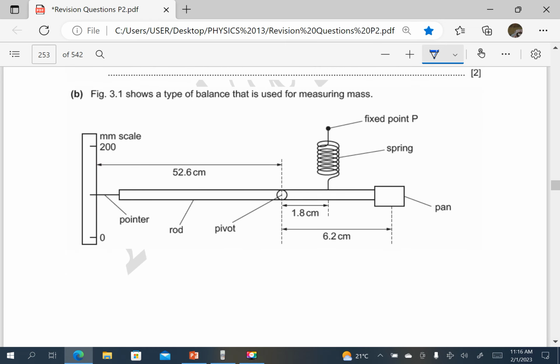Okay, the figure shows a type of balance that is used for measuring mass. You can look at that type of balance.